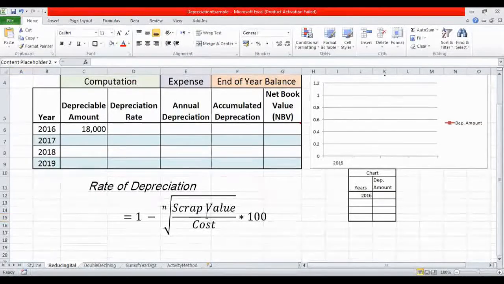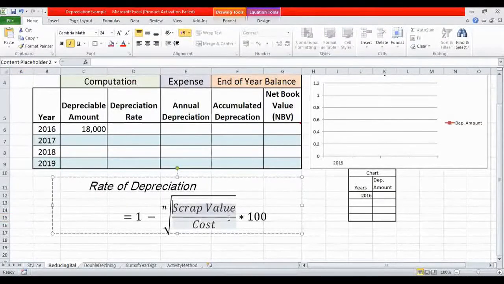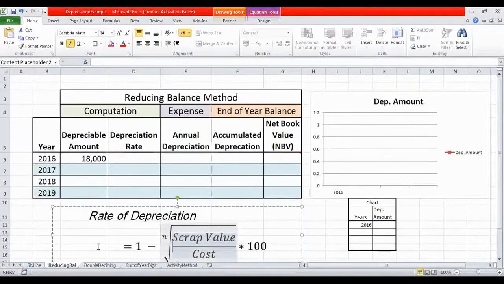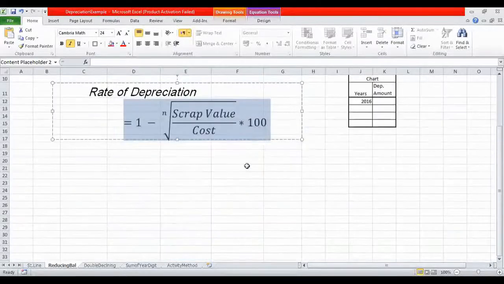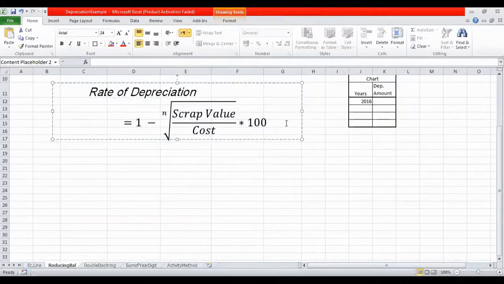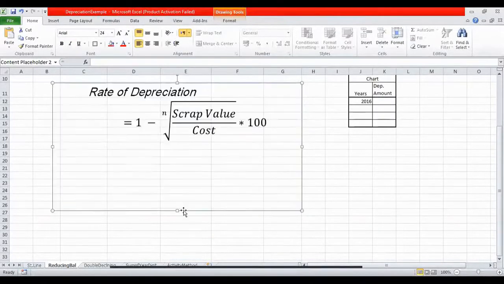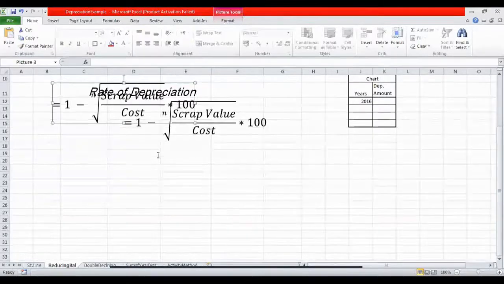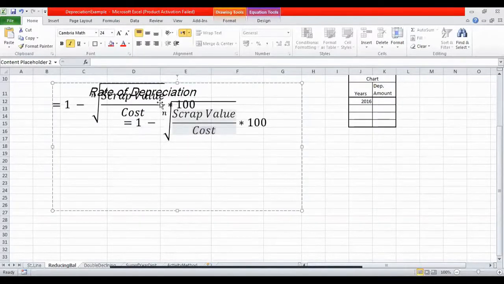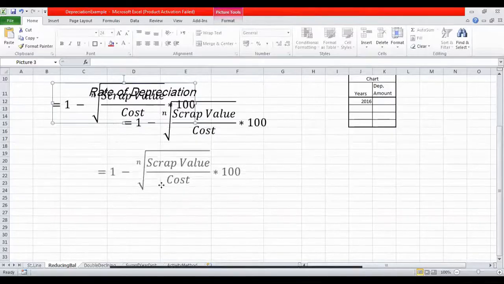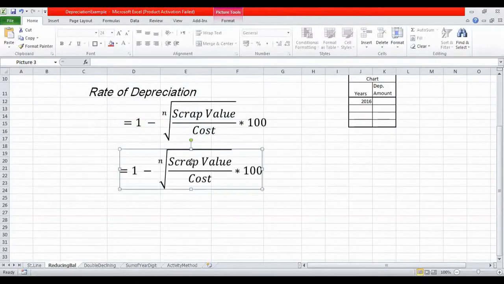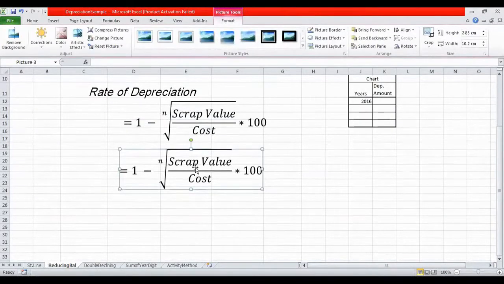So let's try to copy this whole part and put in the values so that we can have a better understanding of these things.